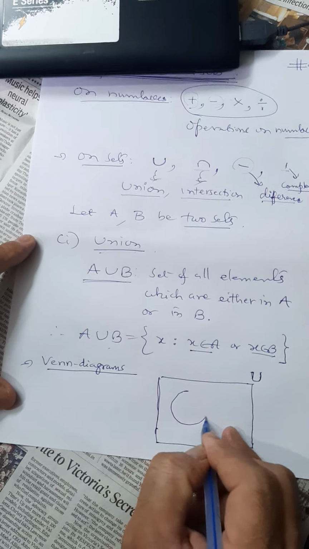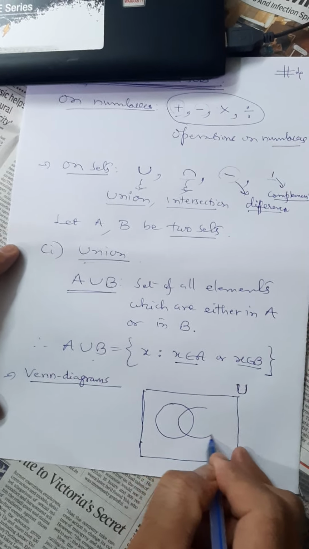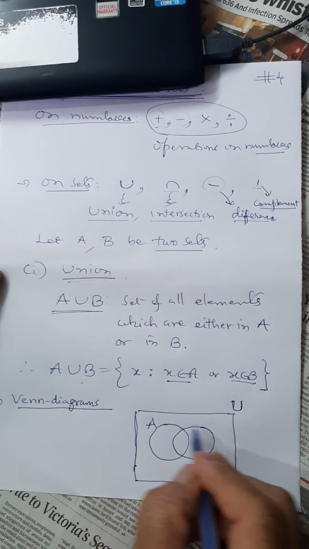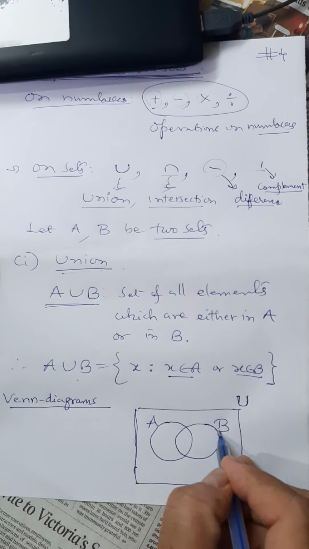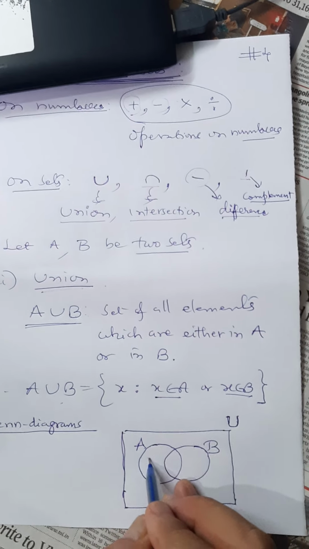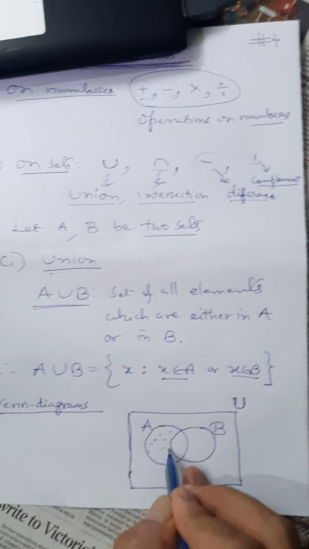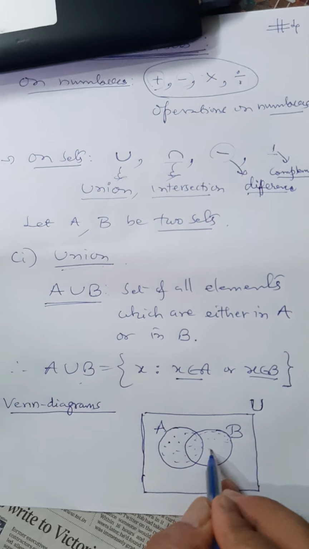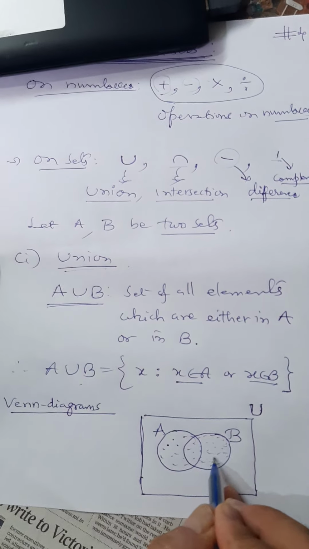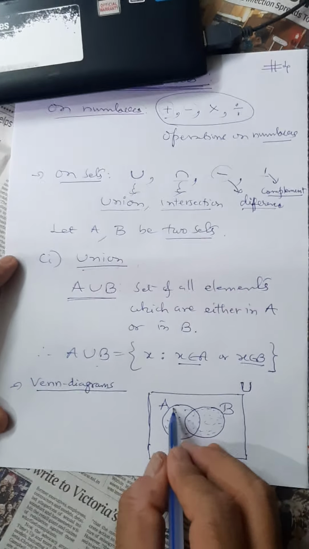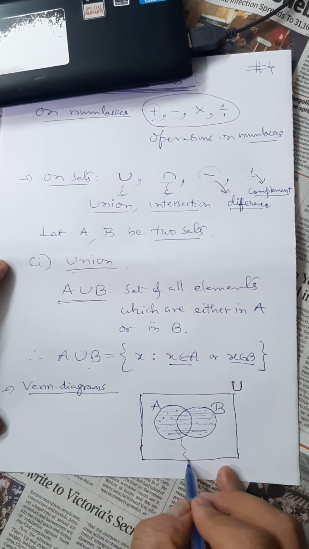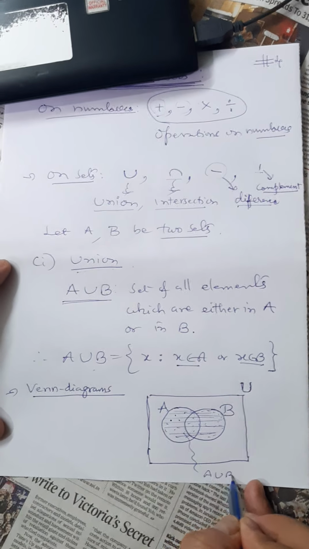So this is one set A, this is the other set B. That means these are subsets of the universal set U. Members present in A or members present in B: this entire shaded portion is read as A union B.